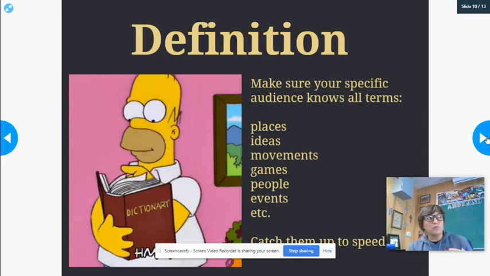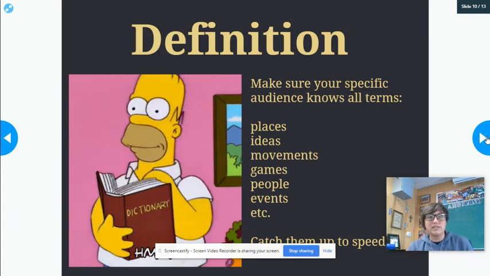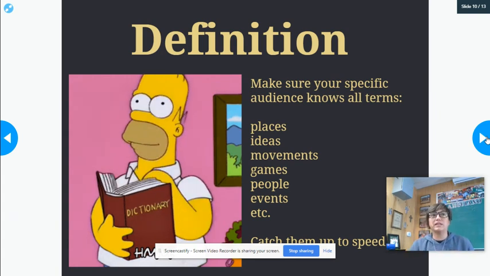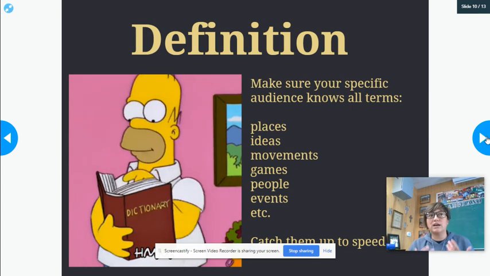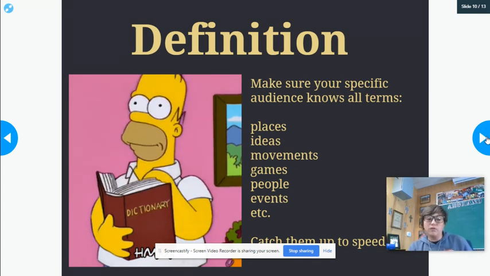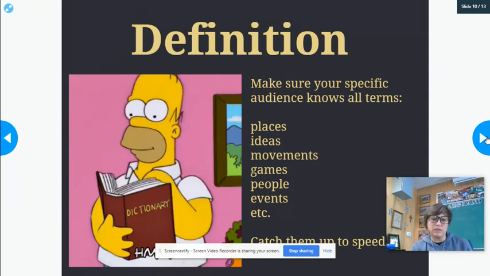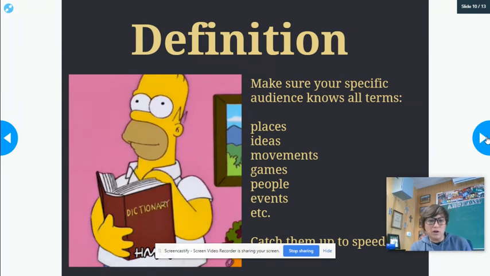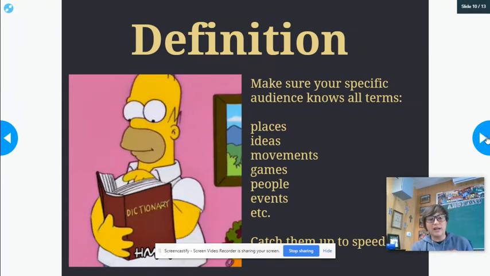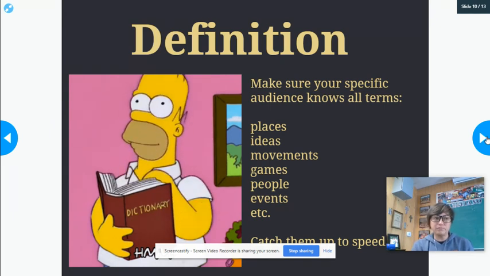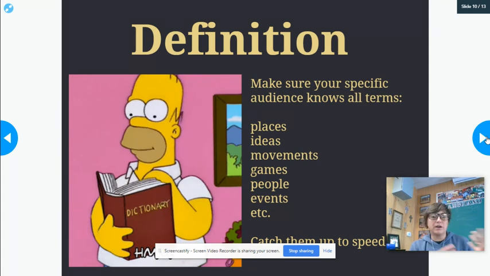When we talk about connotative meaning, we're talking about what feelings and emotions the word school brings to you. If you've had great school experiences, you've had great teachers, you've always made really good grades, you have a great friend group, you're involved in clubs, your connotative definition of school might be something very positive.